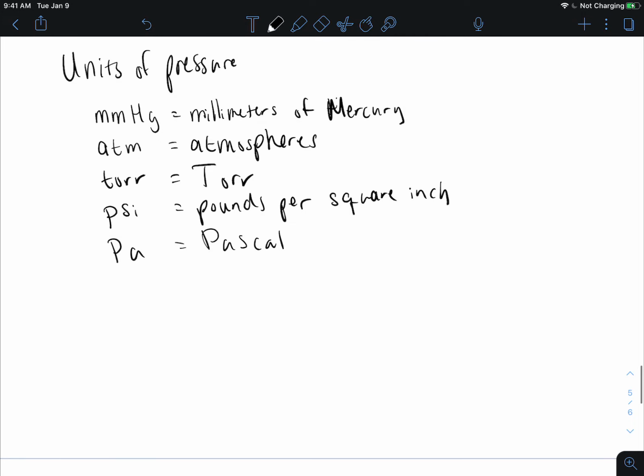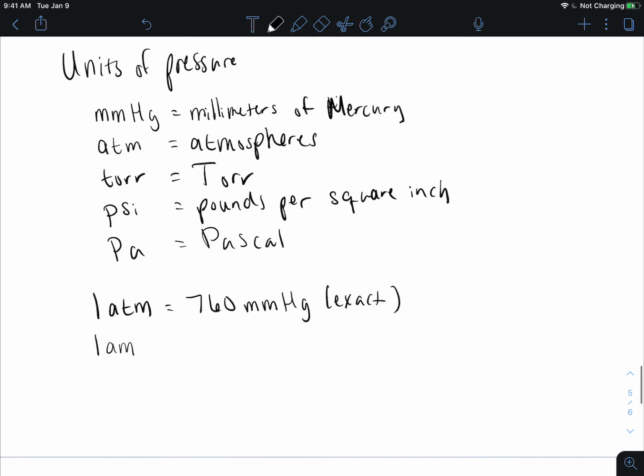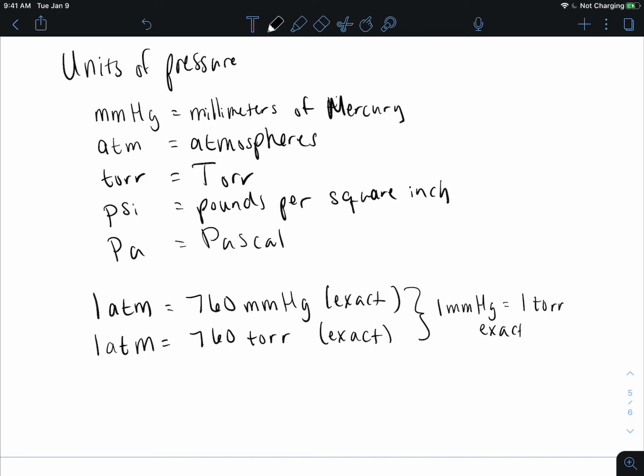Okay, so atmospheres are the most common, and 1 atmosphere is equal to 760 millimeters of mercury. And this is an exact value. And then 1 atmosphere is also equal to 760 torr. And this is also an exact value. So hopefully you get from this that 1 millimeter of mercury is equal to 1 torr, and this is also exact.